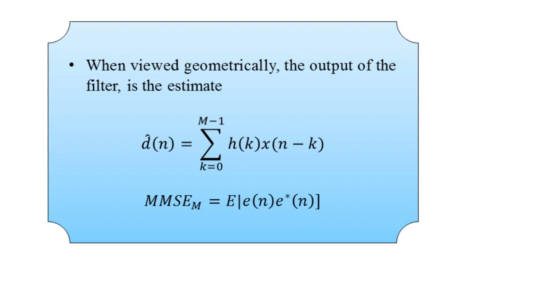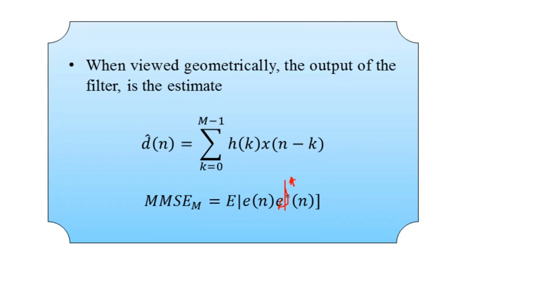Here we abbreviate it as MMSE, with the suffix capital M. This is equal to capital E of small e of n multiplied with the conjugate of, here it is not e of n, a typo, it should be d of n, and d should be represented with the asterisk to show that it is a conjugate.